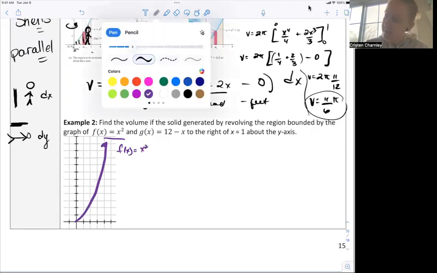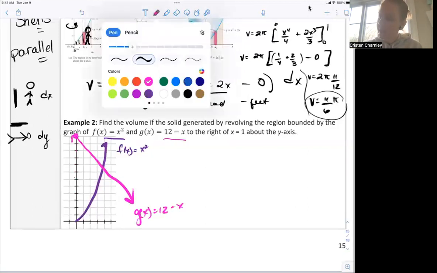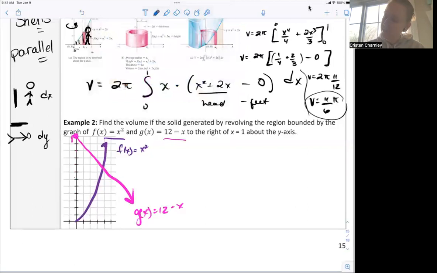G of x is 12 minus x. 1, 2, 3, 4, 5, 6, 7, 8, 9, 10, 11, 12. I missed my spot. 12 minus x is a line that comes down. G of x equals 12 minus x. And to the right of x equals 1, so here's x equals 1.